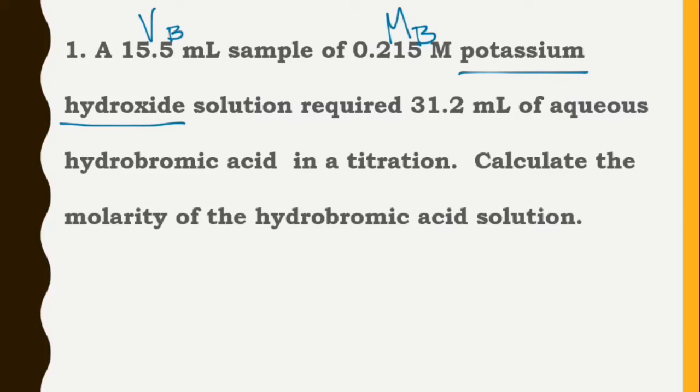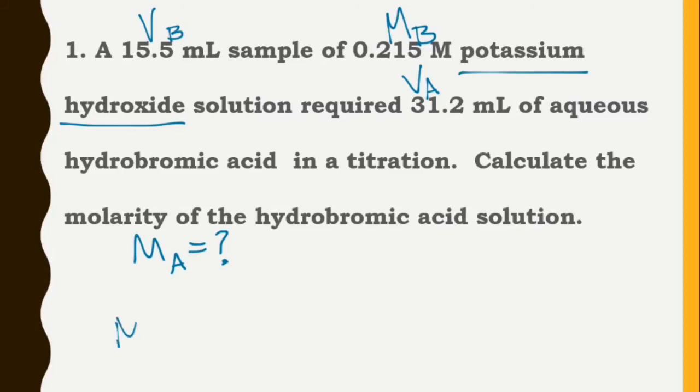So it says that much stuff is required 31.2 milliliters of our acid in a titration. So here is the volume of my acid. And it asks us to calculate the molarity of that hydrobromic acid solution. So we're looking for the molarity of our acid.